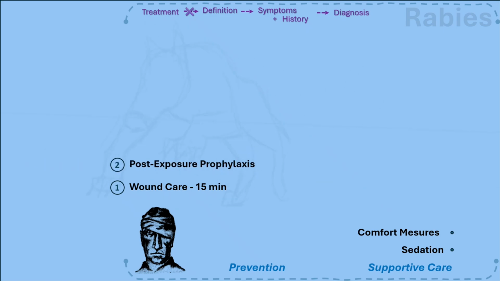Number 2 is post-exposure prophylaxis. This means that the goal here is to prevent the occurrence of symptoms after exposure to the suspect animal, performed rapidly after the event, which includes anti-rabies serotherapy, which is used in severe exposures. 20 international units per kilogram of immunoglobulins are infiltrated around the wound to obtain passive immunization.